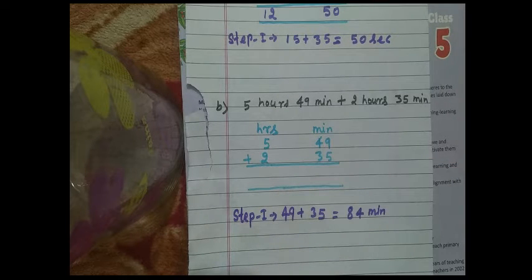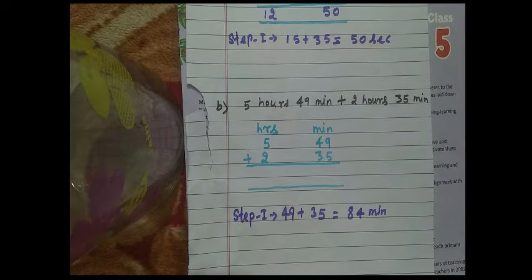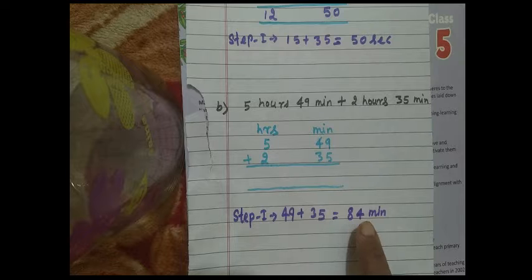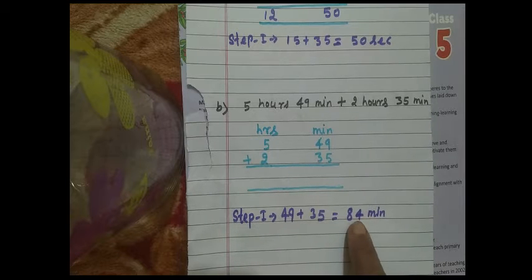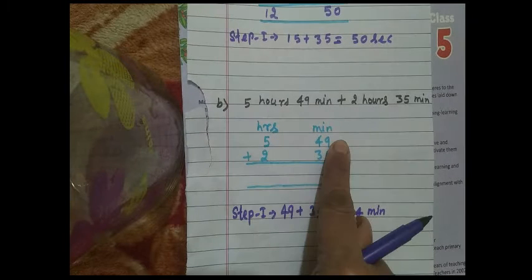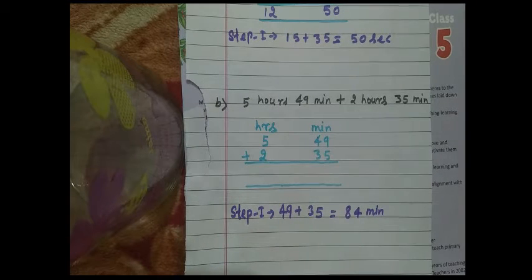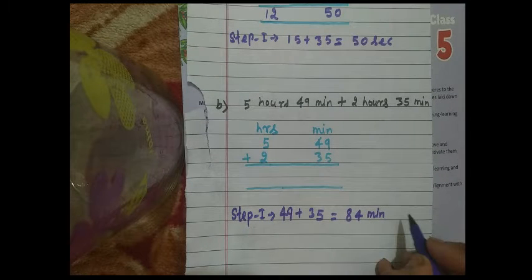What I have told you, when you get 60 or more than 60, we know that in 1 hour there are 60 minutes. But in the answer we are getting 84 minutes, that is more than 60. In this condition, subtract 60 from it.